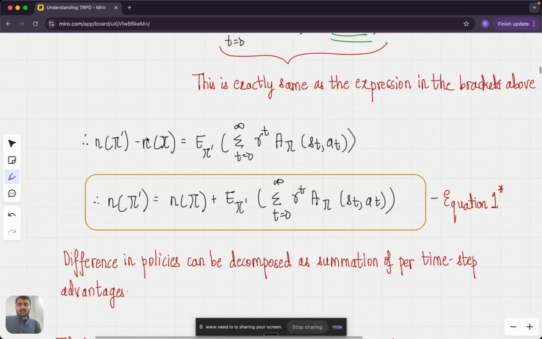And now we take this negative sign to the right of this expression and we can express the performance measure of the new policy in terms of the performance measure of the old policy. It turns out that the performance measure of the new policy is the performance measure of the old policy plus the expectation of the summation of all the discounted advantages which the agent sees.